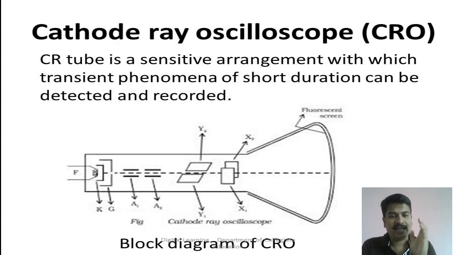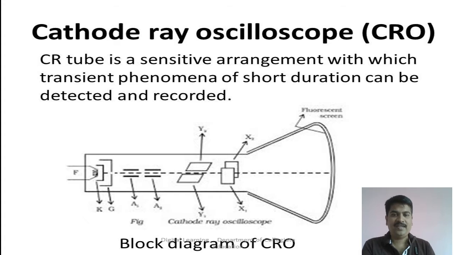This tube is exactly like a pear shape, with a very long neck and a conical shaped body ending with a flat fluorescent screen. So it has a long neck with a conical shape ending in a flat screen.